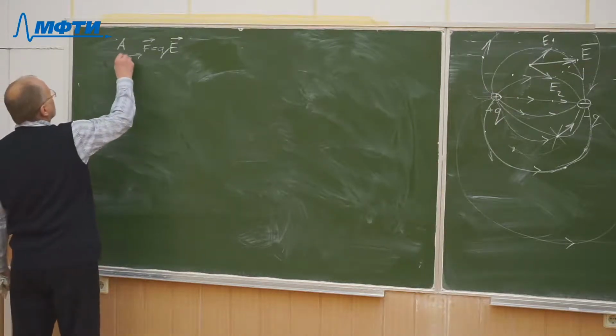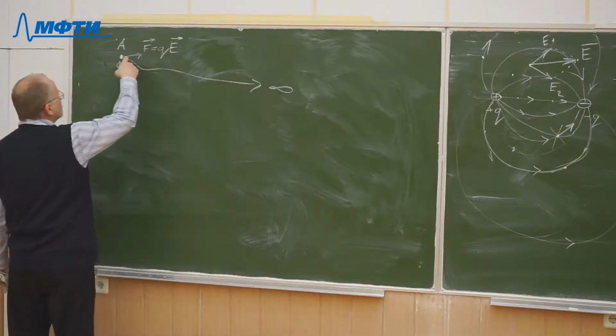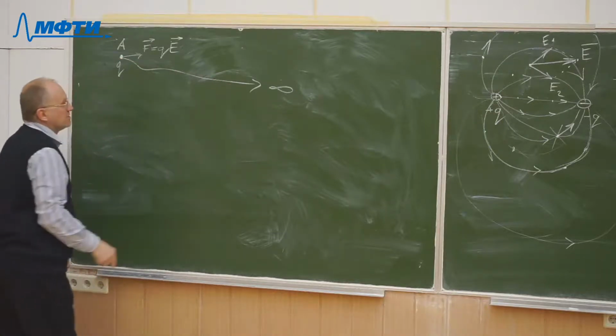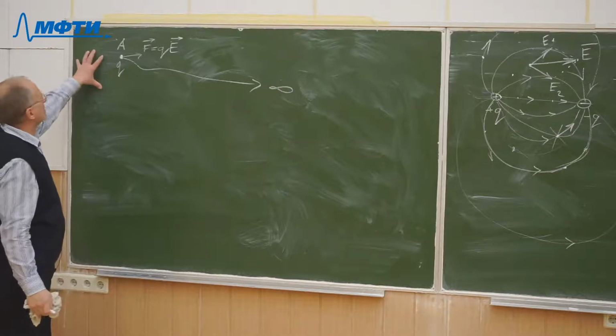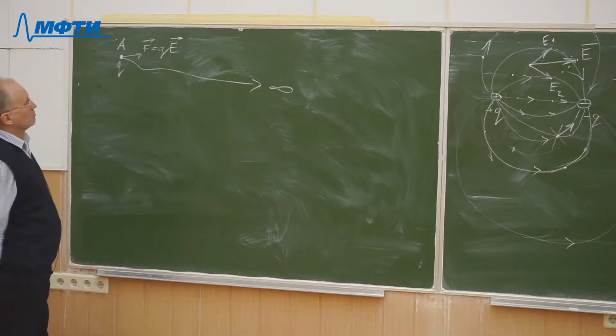If we move this charge from this point to infinity, then the field will always act with some force on this charge, and therefore the field will perform some work on this charge.